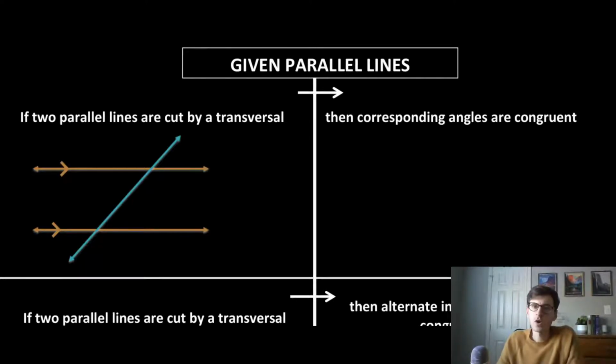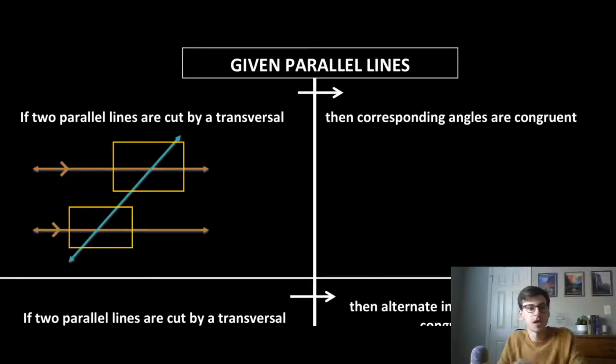Well, what are corresponding angles? A way that I like to think about it is if I were to draw a box around each of these points of intersection, within these two parallel lines, the corresponding angles would be the angles that are the same, that would be indistinguishable if you only looked at that box.